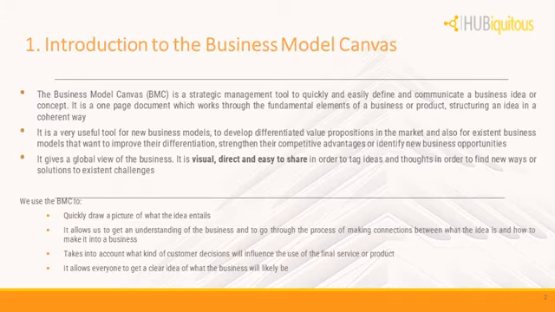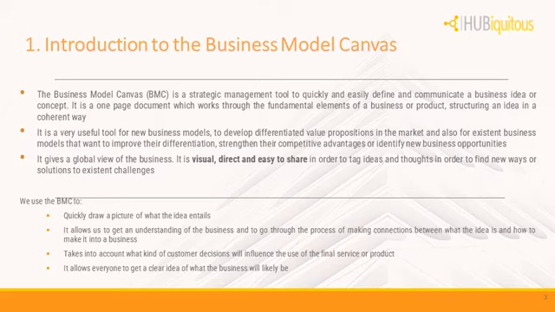The business model canvas, as I said, is a strategic management tool that easily helps us to define and to communicate the business idea or concept that we have in mind. It's a one-page document, as we saw, which works through the fundamental elements of a business or a product and helps us to structure an idea in a coherent way.